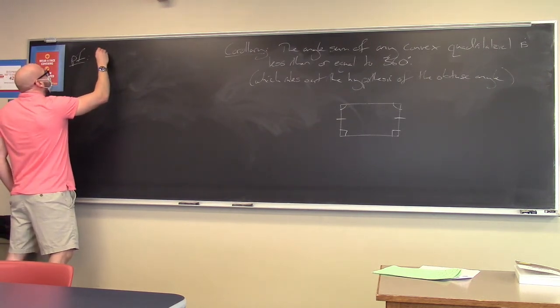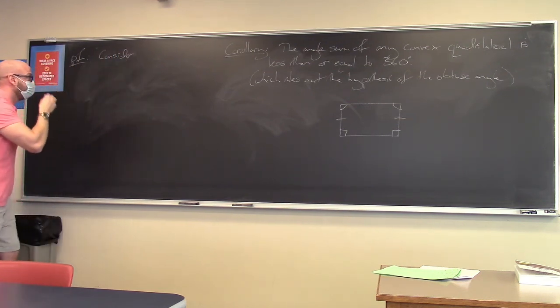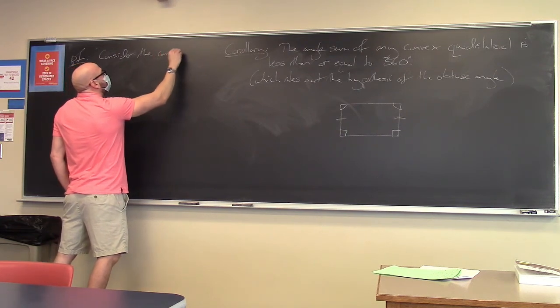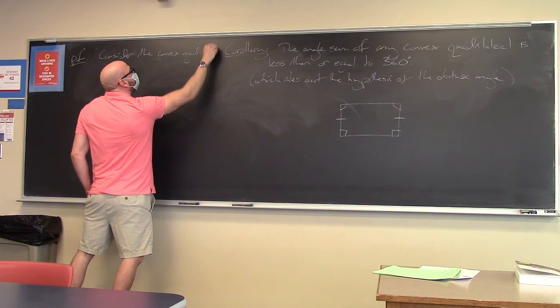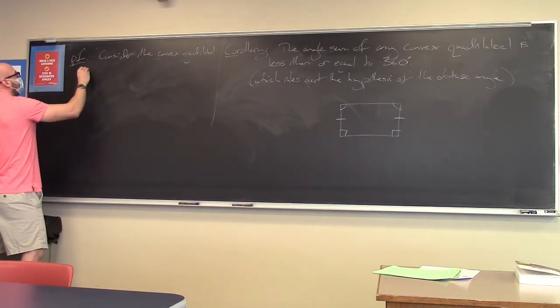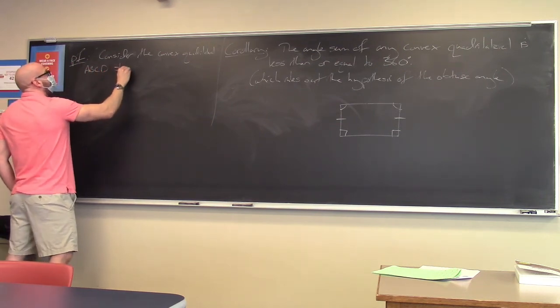Let's see. I'm going to rely on a picture here, so I don't have to label a whole bunch of stuff. Consider the convex quadrilateral A, B, C, D shown.